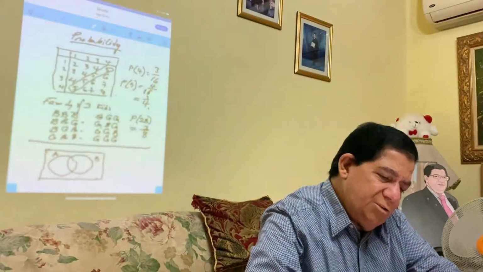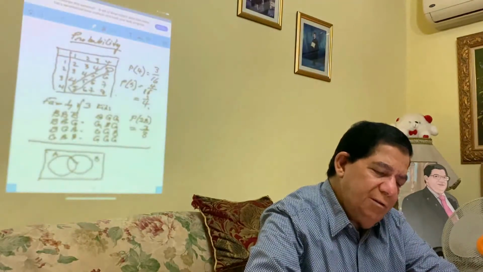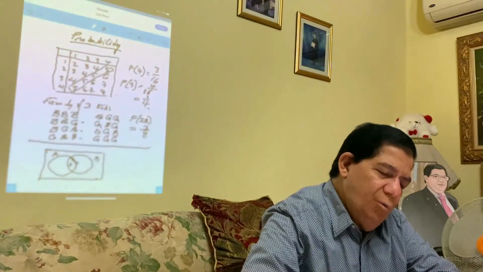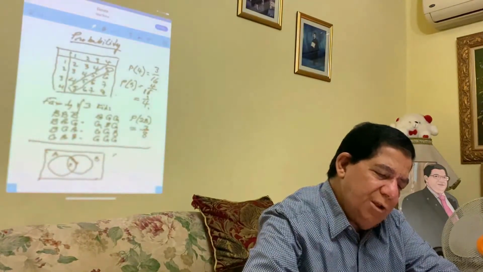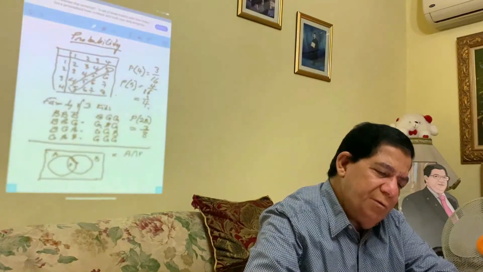What does this area, I call it X, represent? It is A intersection B.